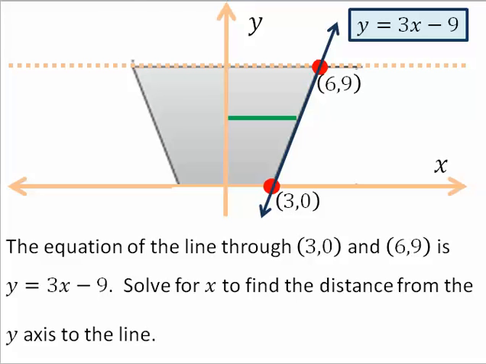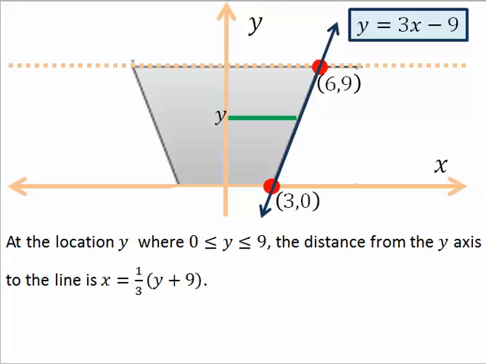Now, we're going to solve for x to find the distance from the y-axis to the line. If y equals 3x minus 9, then that means that x has to be a third of y plus 3.